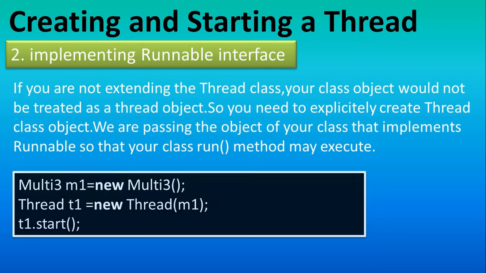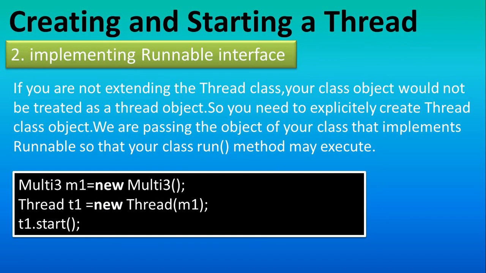The important point is, if you are not extending the Thread class, your class object would not be treated as a thread object. So you need to create a Thread class object and pass the object to it. This point is very important, friend. As you saw, first we create the class object. Suppose our class was multi3, and in this program we implement the Runnable interface.